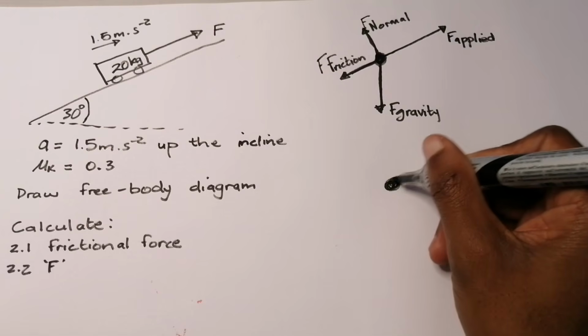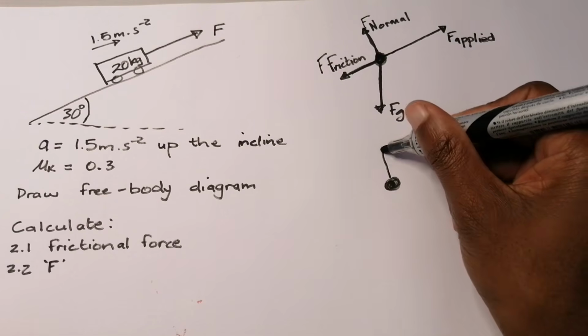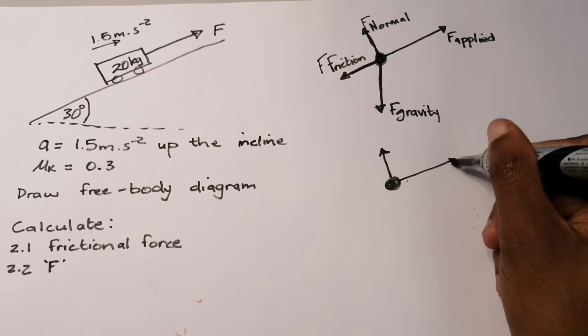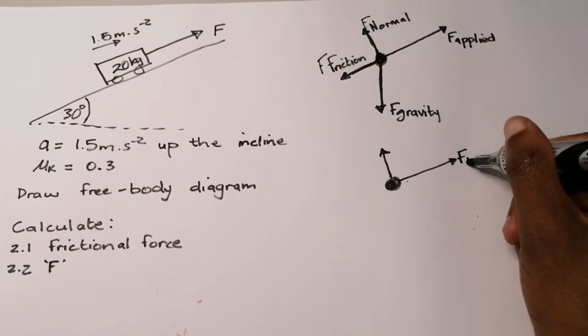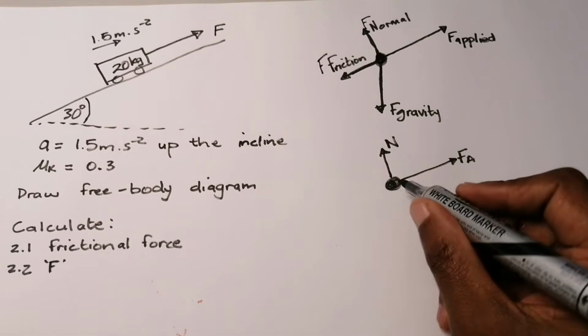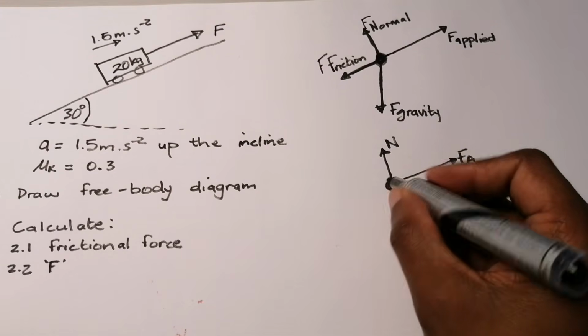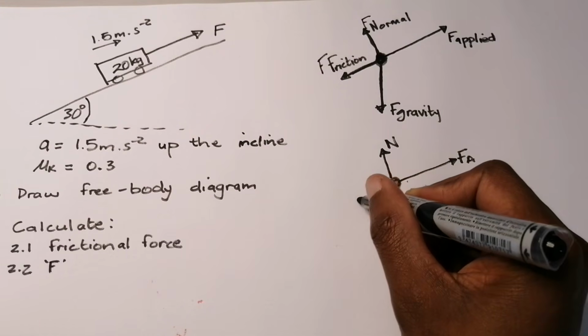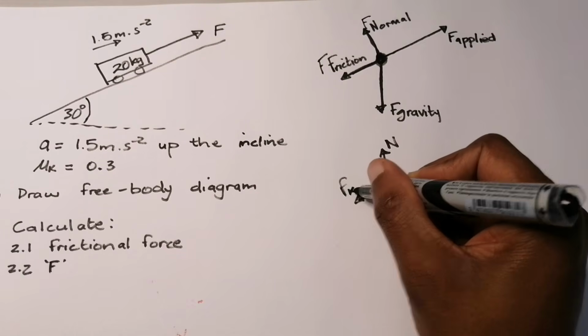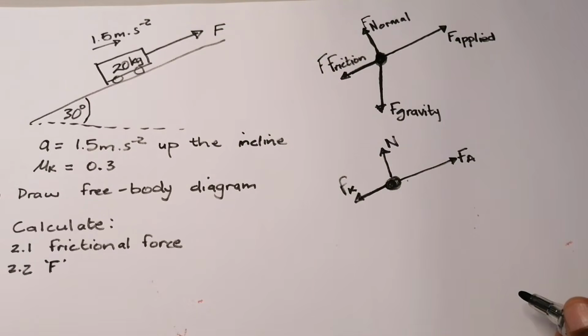So what are the forces that we have? We've got a normal force there, we've got force applied. In these ones I'm just going to abbreviate. So that's normal force, that's force applied, that's frictional force, so that's kinetic friction.